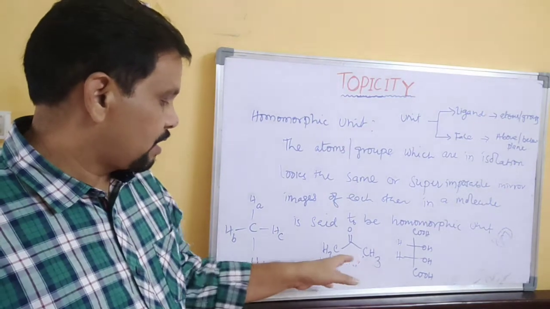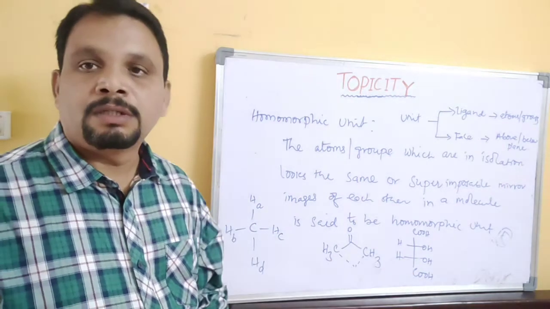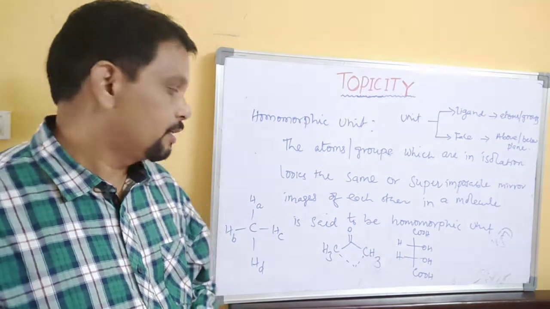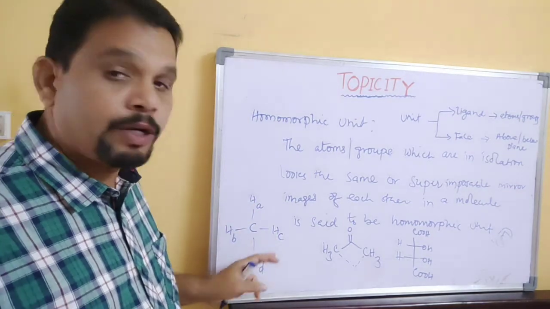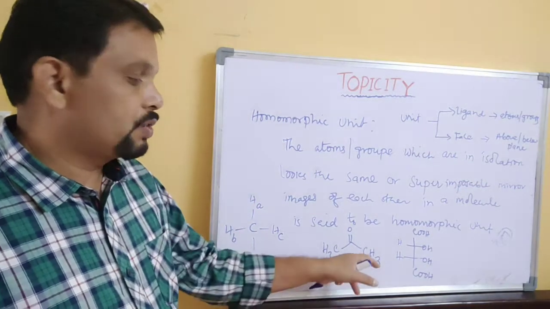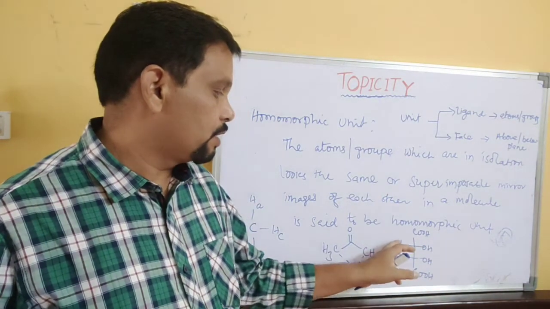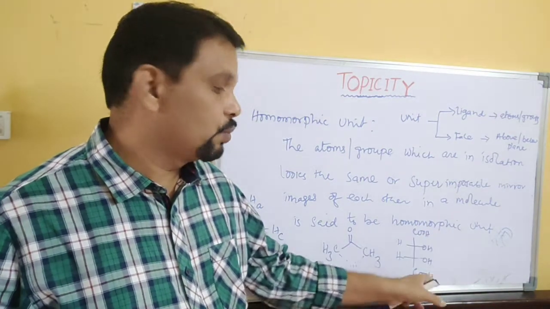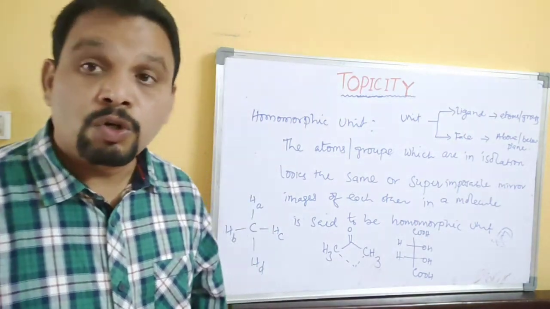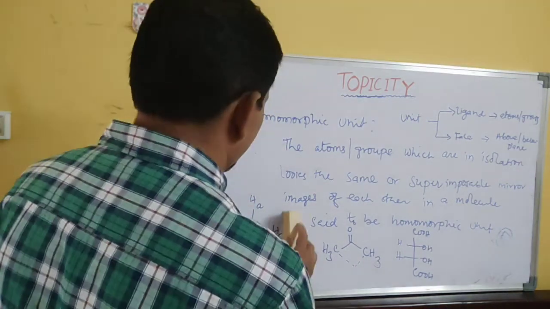So these are the examples: methane, acetone and this dicarboxylic acid. In these, the 4 hydrogens are homomorphic units, the 2 CH3 groups are homomorphic units, and the 2 hydroxyl groups, the 2 hydrogen groups and the 2 carboxylic groups are homomorphic units because they are similar, because they are the same.